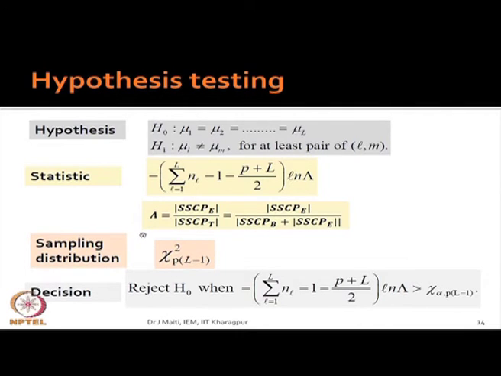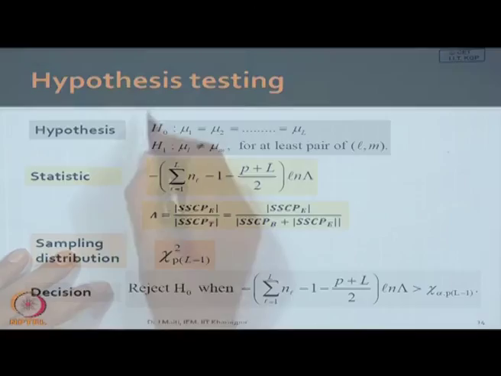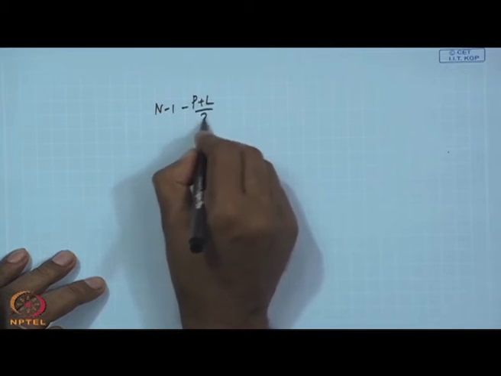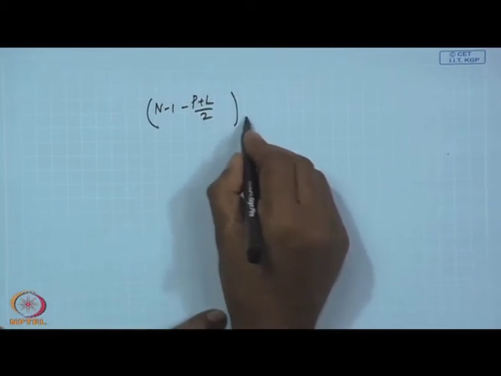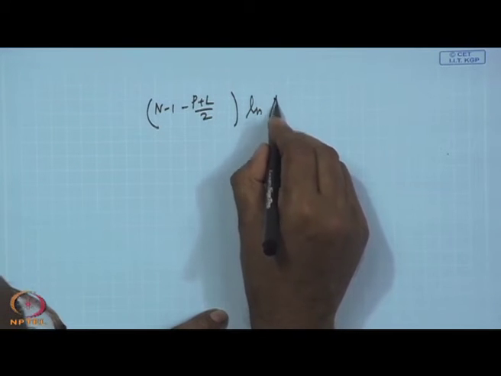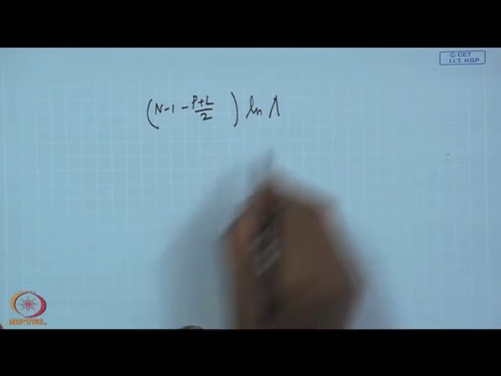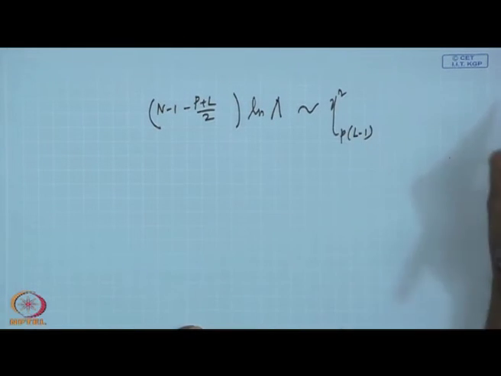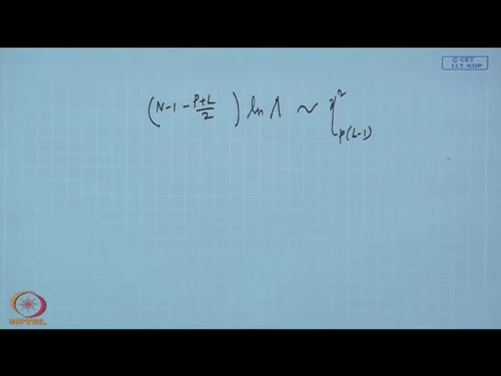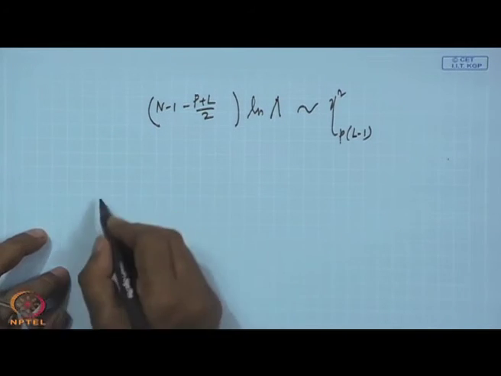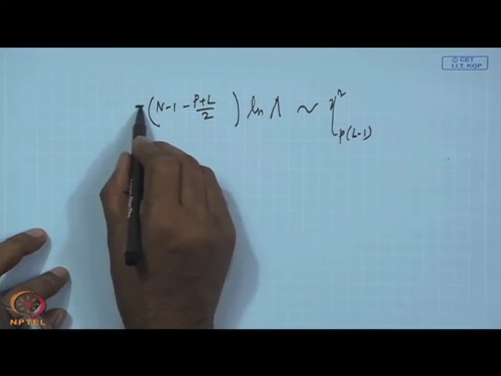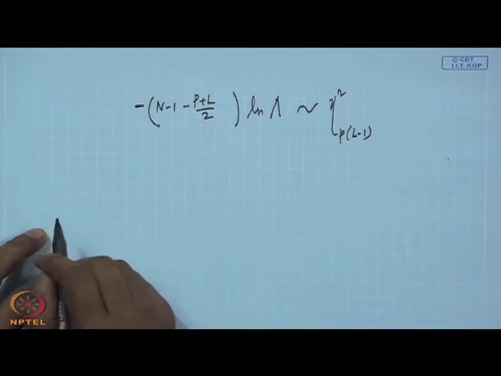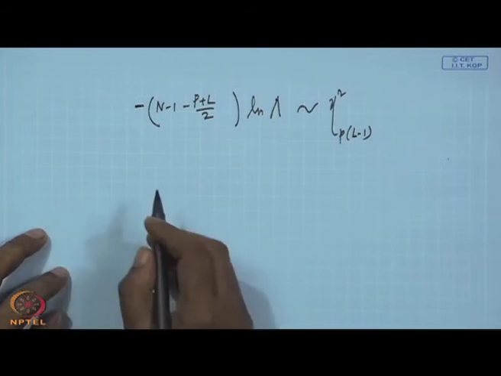Okay. So, what is our statistic? Our statistic is minus (n minus 1 minus (p plus L) by 2) log lambda, that is Wilks lambda, and this follows chi-square with p into (L minus 1) degrees of freedom. What will be your decision? Because Wilks lambda is a low value, log lambda is negative, and keeping the minus here we are making it positive.